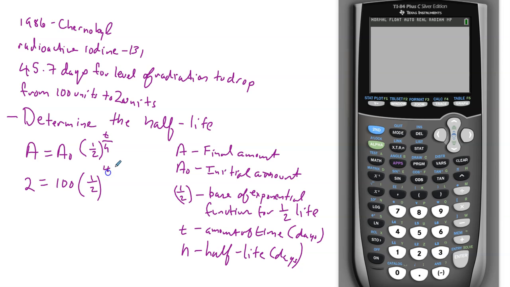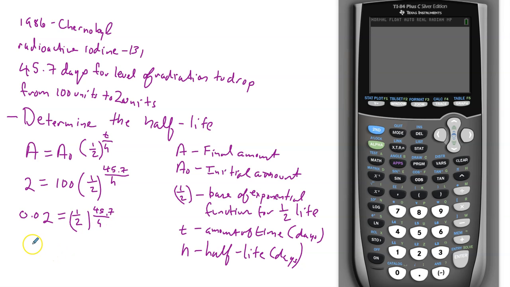T is time, so we know it took 45.7 days, and we want to find the half-life, which is H. Step 1, divide both sides by 100. So 0.02 is equal to 1/2 to the 45.7 over H.